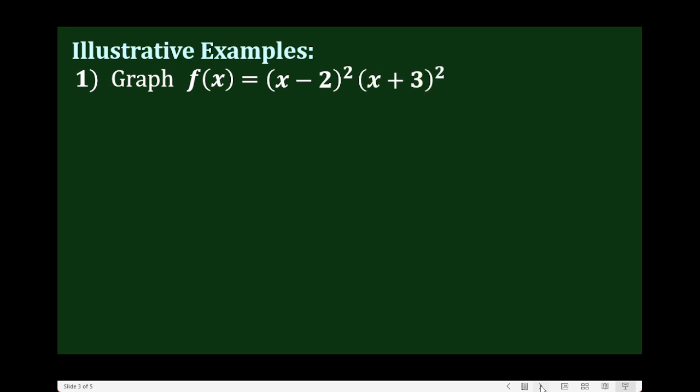plus 3 squared. You will notice that this function is written in factored form, meaning the right side of the equation is expressed in factored form. So we must change this to polynomial in standard form, meaning the right side contains terms whose order is in descending powers of x.